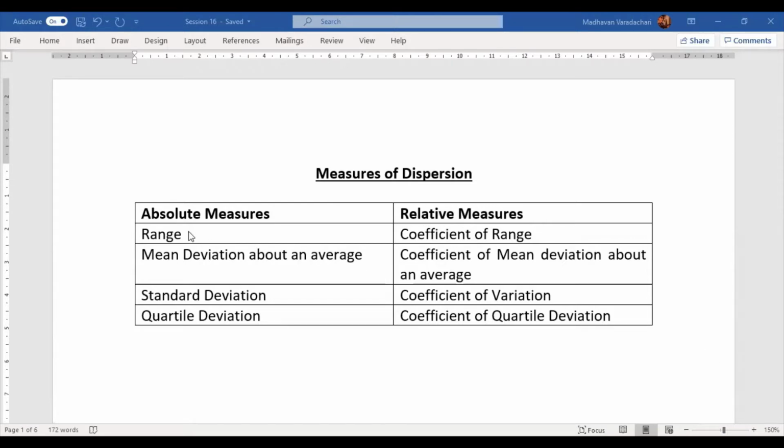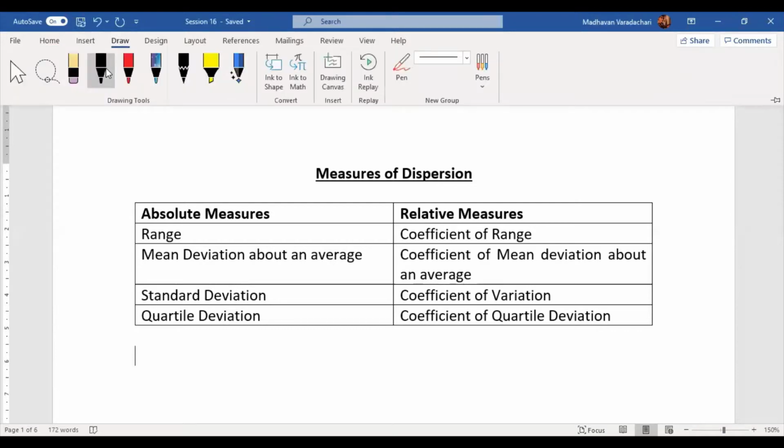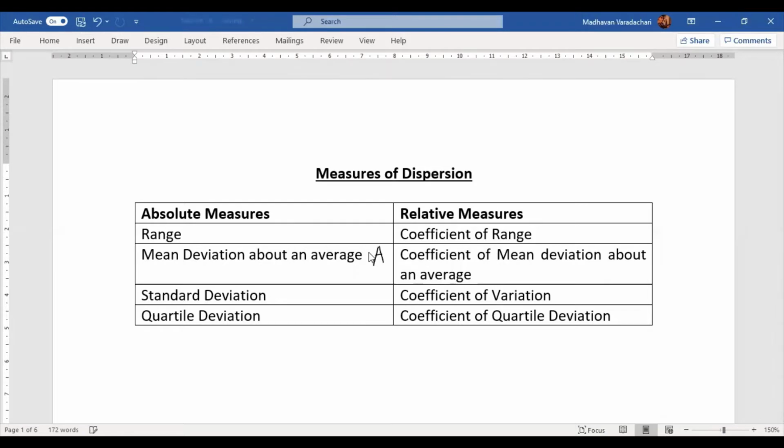Four absolute measures are there: range, mean deviation about an average, let us say average capital A. Here that A can be either mean or a median or a mode.